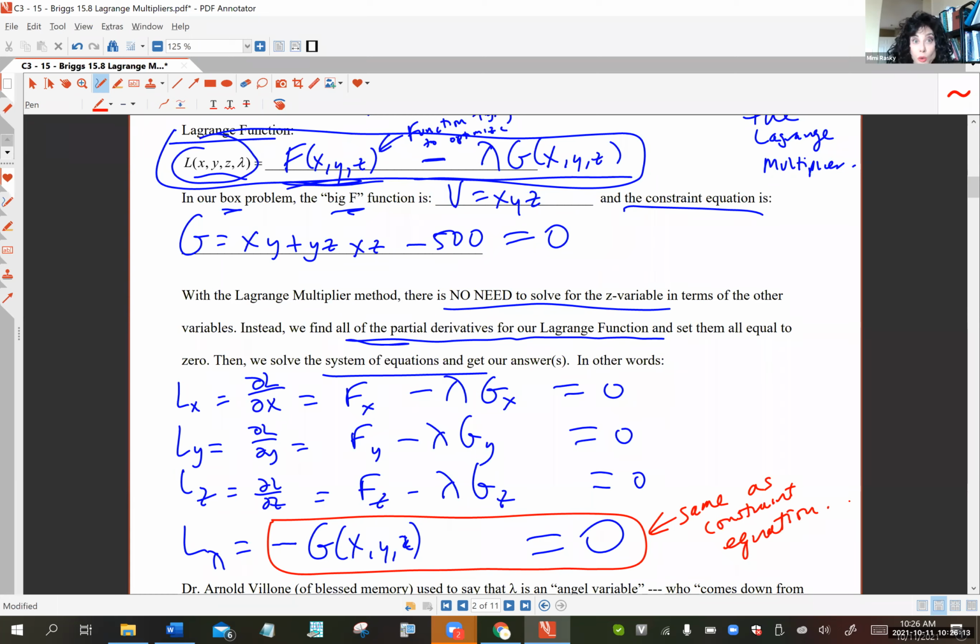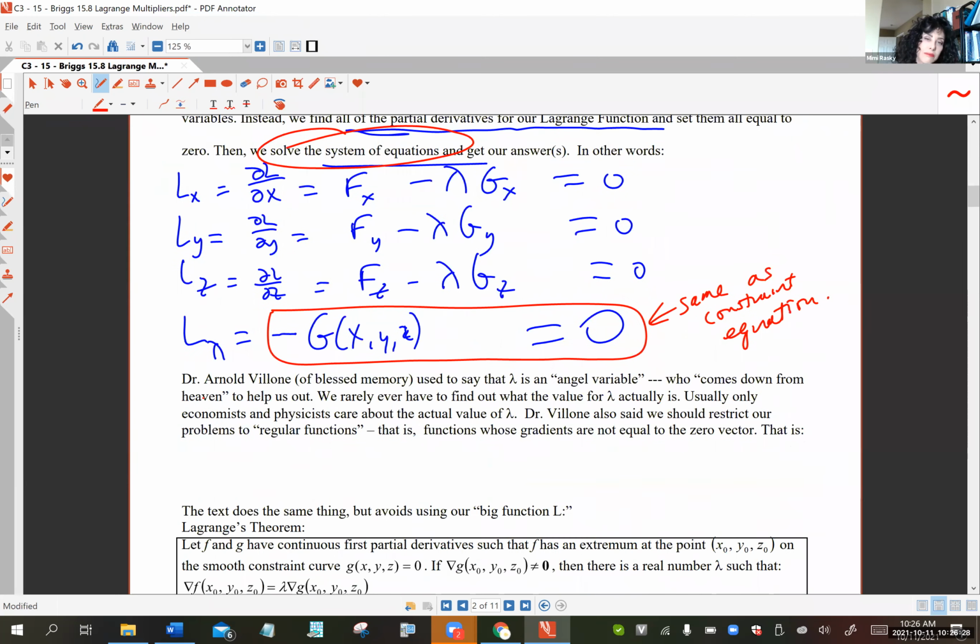Doesn't mean you're going to ignore that equation, because that's going to basically be the one that you run to at the very end when you're trying to solve for all the variables. Okay, so you need to solve this system. We're going to do a lot of examples, so don't worry. In fact, I'm going to spend today and the next time on this stuff so we can get through lots and lots of examples. I want you to really have this down cold.